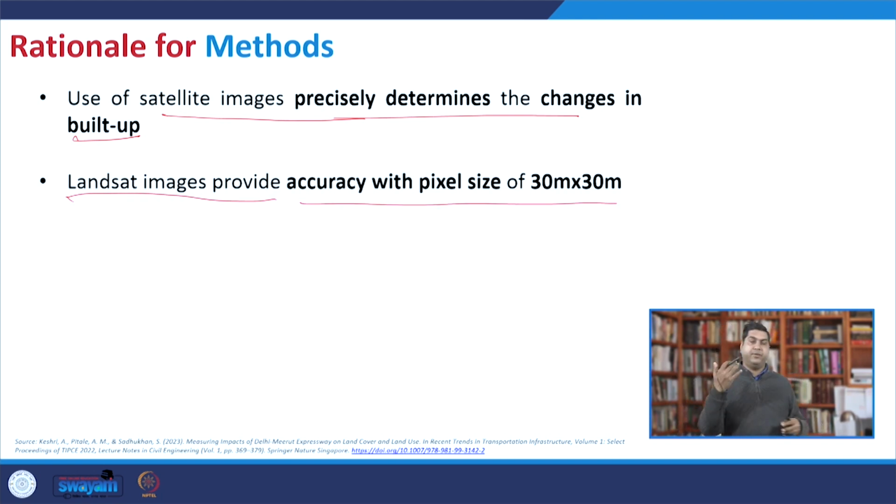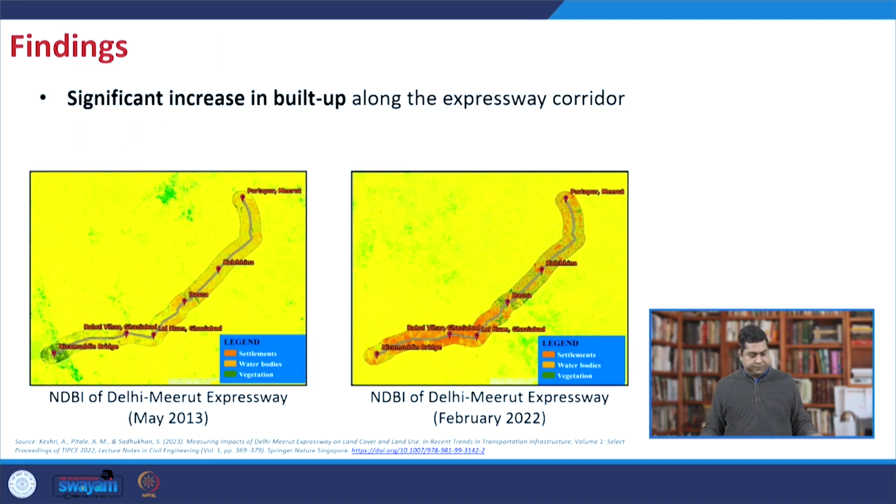There are advanced imagery or other techniques, and when required we can also go to 10 meter by 10 meter or 5 meter by 5 meter. But at corridor level, based on literature also, we found that 30 meter by 30 meter resolution as 1 pixel is also acceptable.